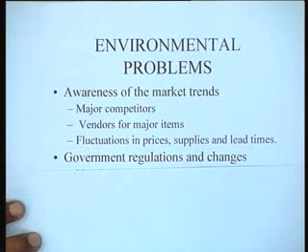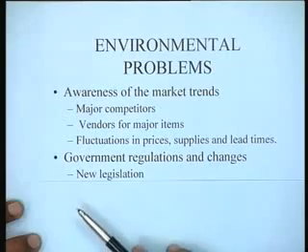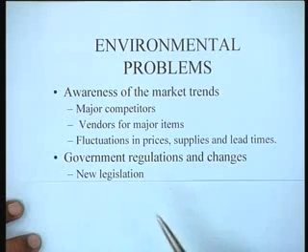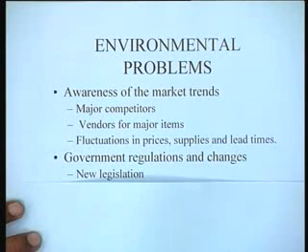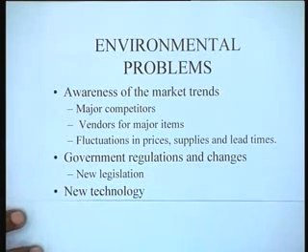You got to make sure that your production system is actually designed to take care of all the regulations, at least on environmental pollution and things of that kind. So there could be changes in government legislation from time to time. There could be new legislation, so you should be aware of what is the legislation with regard to your products.